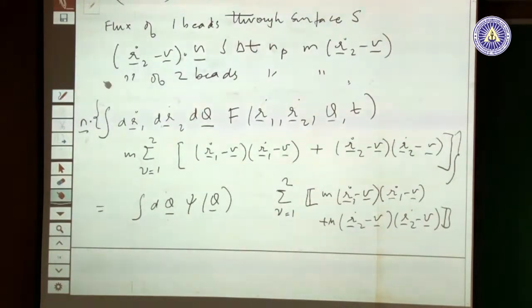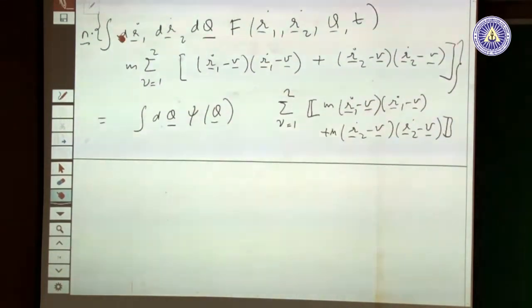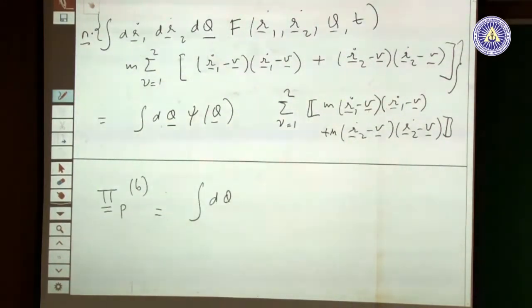And I am going to define my pi p, and we call this b as this integral of this thing.